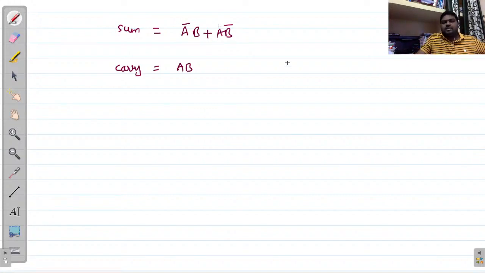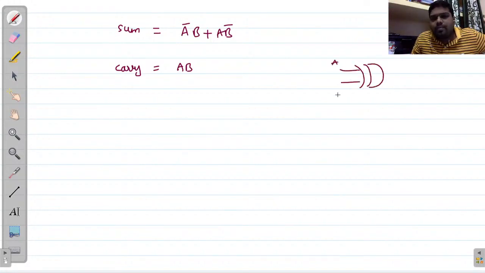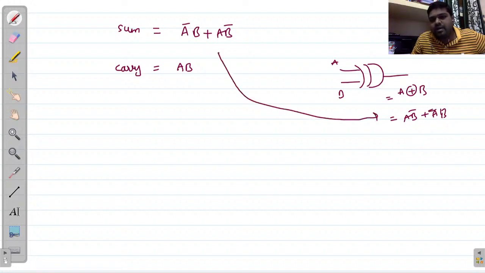If you observe this sum, I already told you about XOR. A, B, so the outcome is A XOR B. The symbol indicates the XOR operation. This XOR operation equals what? A B bar plus A bar B, right? Do you have the idea? A XOR B means A B bar plus A bar B. Compare these two once.